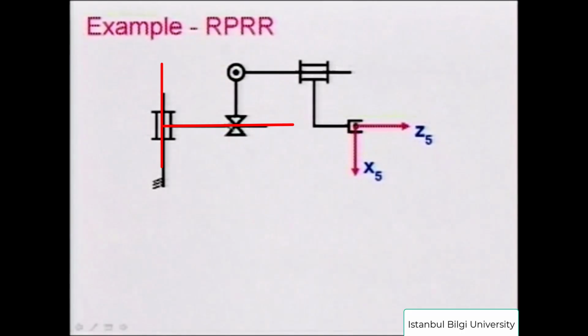Joint 1 and 2 are intersecting. So the intersection point is going to be an important point. In this case, it is going to determine an origin. How about axis 2 and axis 3? Are they intersecting? The answer is no. They are parallel. Basically, they are in two parallel planes.